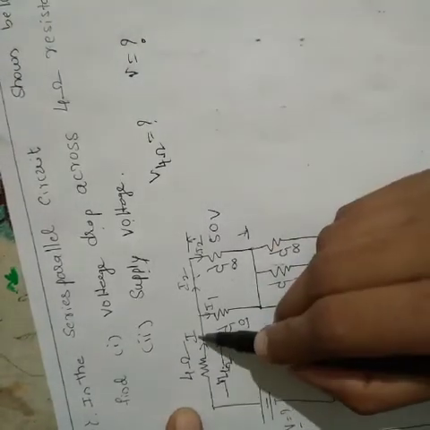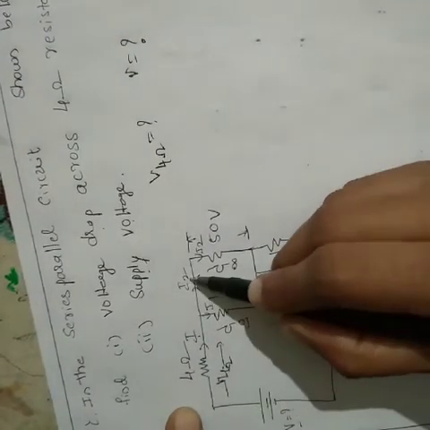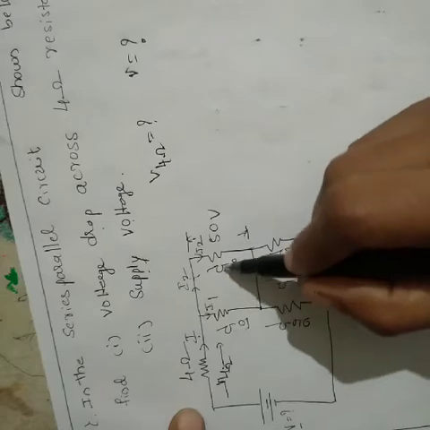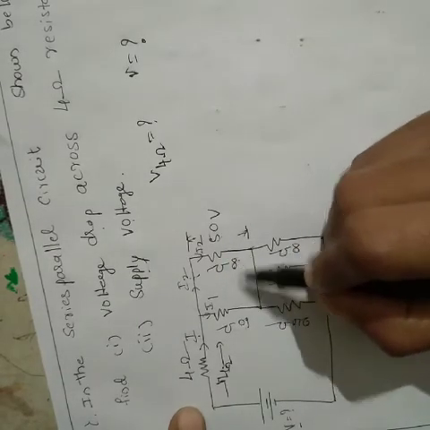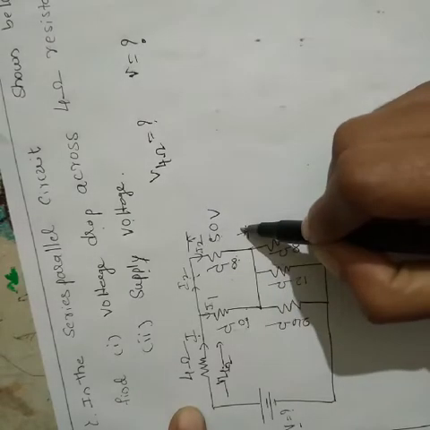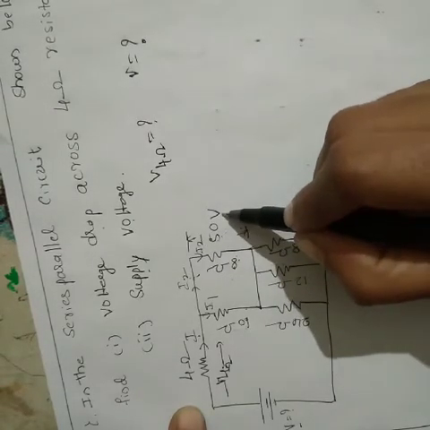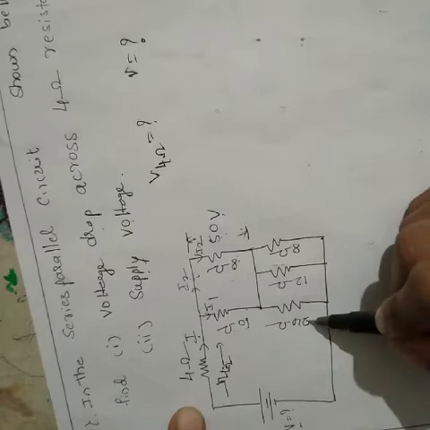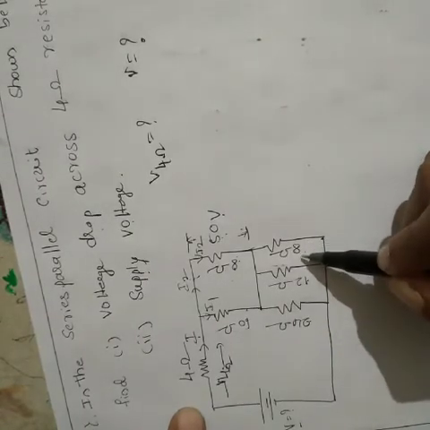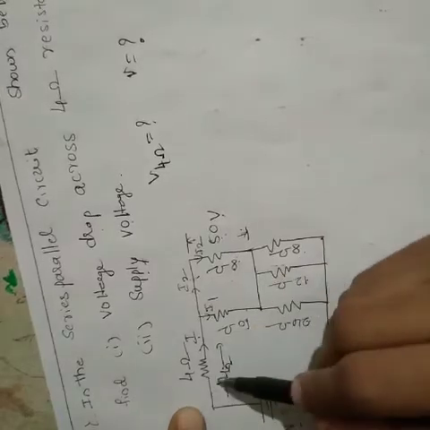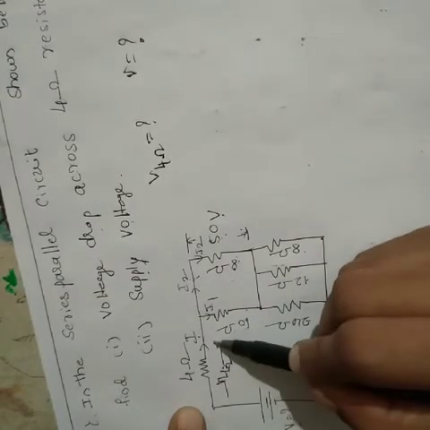They are given I1 and I2. In this problem, they give one hint: the 10 ohm and 8 ohm are connected in parallel across a voltage source of 50 volts. Then 24 ohm, 12 ohm and 8 ohm are connected in parallel. Okay, you find the voltage drop across 4 ohm.